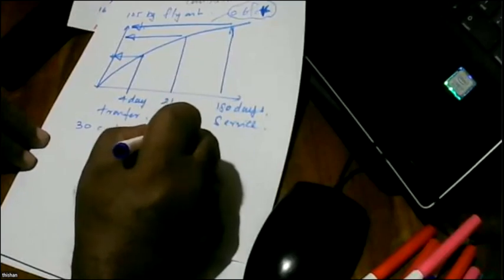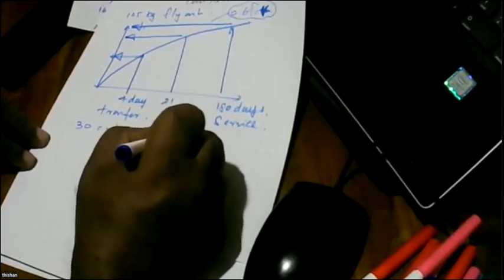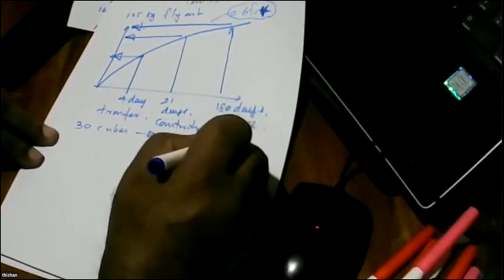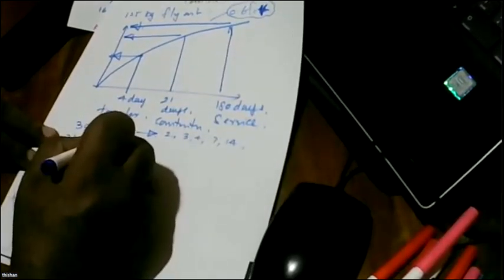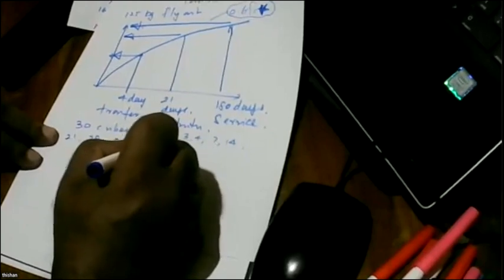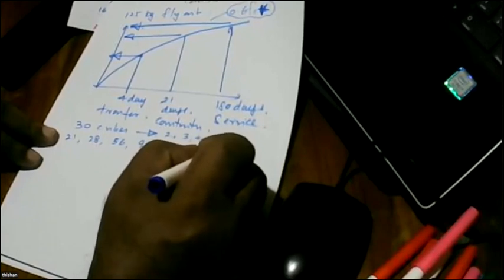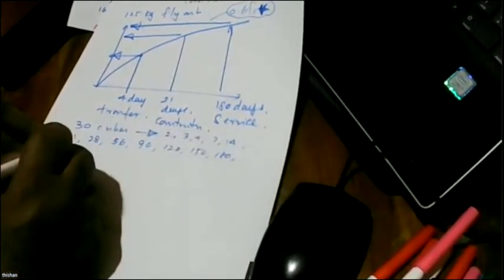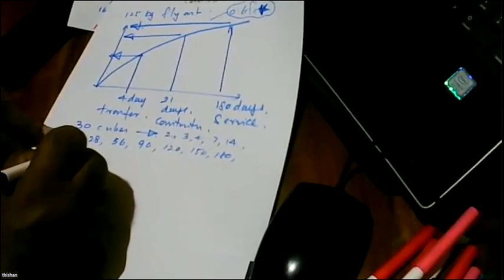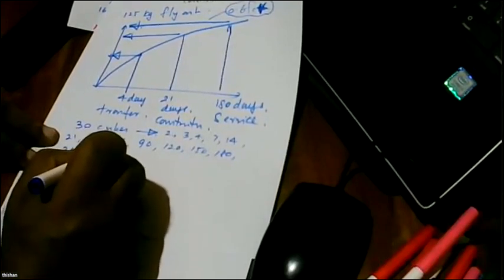And then we do the testing at the age of 2 days, 3 days, 4 days, 7 days, then 14 days, 21 days, 28 days, something like 56 days, 90 days, 120 days, 150 days, and 180 days, and then we go for testing at about 365 days. We keep sufficient cubes so that we can have 2 years as well.